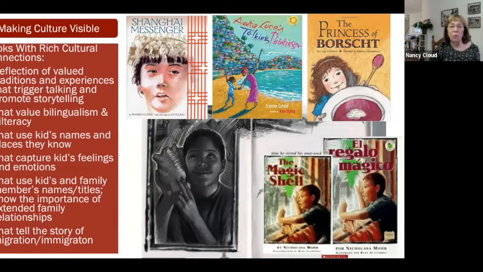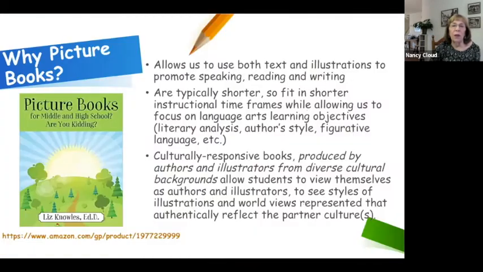And some of them tell the story of migration and immigration. And so in that regard, it's creating opportunities for the kids who've lived similar experiences to speak about their experiences and get lots of opportunity for language use. And obviously, it's also very useful as take-home texts where the families can enjoy these books together with their kids.